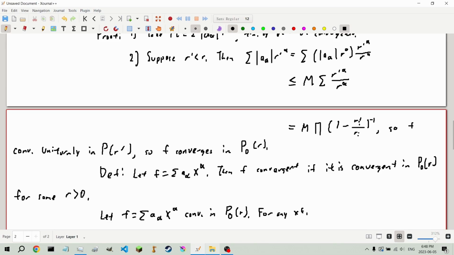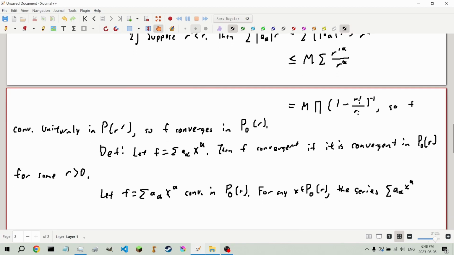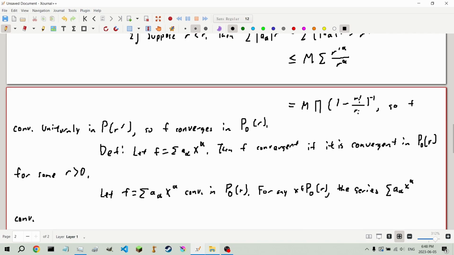For any x in the strict polydisk of radius r, the series, the sum of the a sub alpha times x to the alpha, converges absolutely and uniformly, of course, in any P of r prime for r prime less than r.